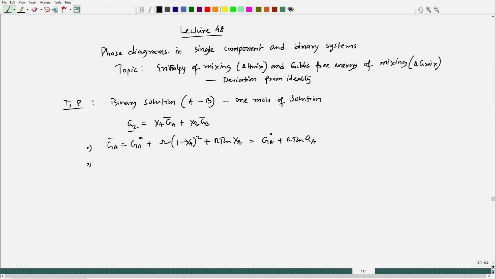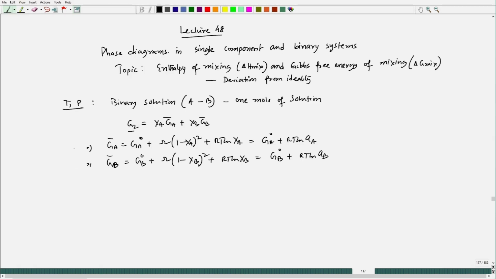Another one, GB bar, equals GB naught plus omega (1 minus XB) square plus RT ln XB. It can also be written as GB naught plus RT ln AB.